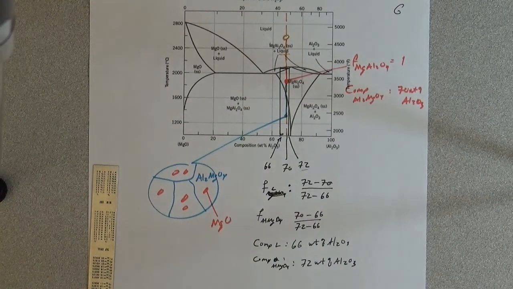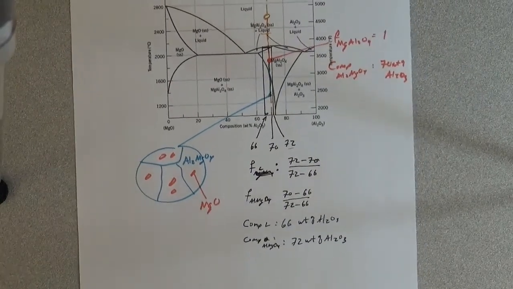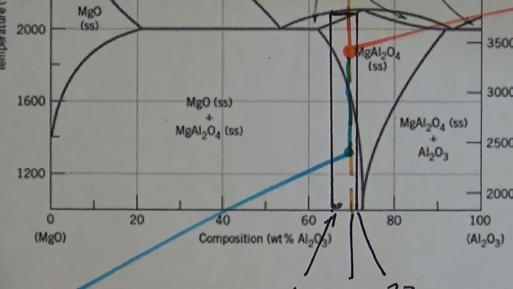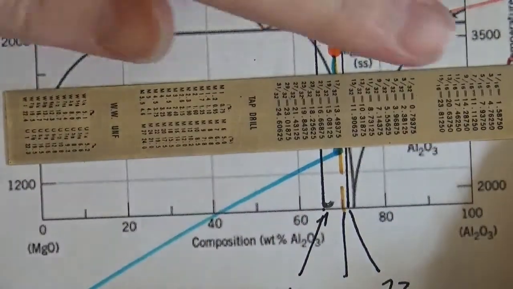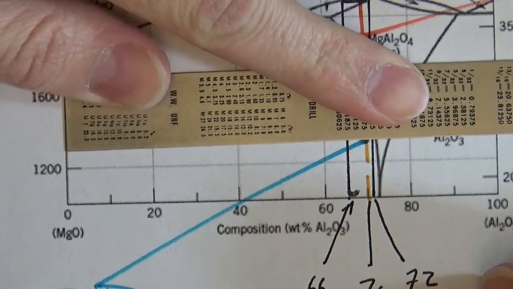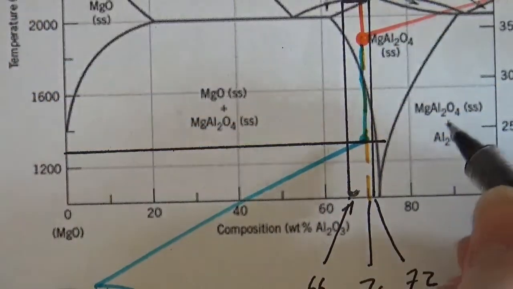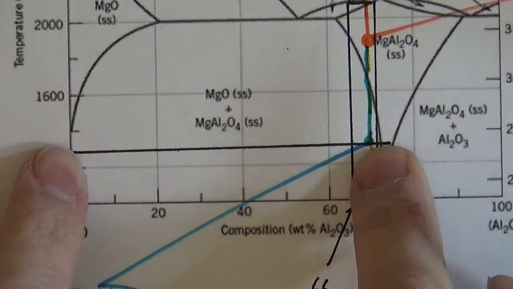We can ask ourselves, what is the phase fraction and what is the composition? Again, we get that by drawing a tie line, like this, and then determining the phase fraction by the inverse lever rule.